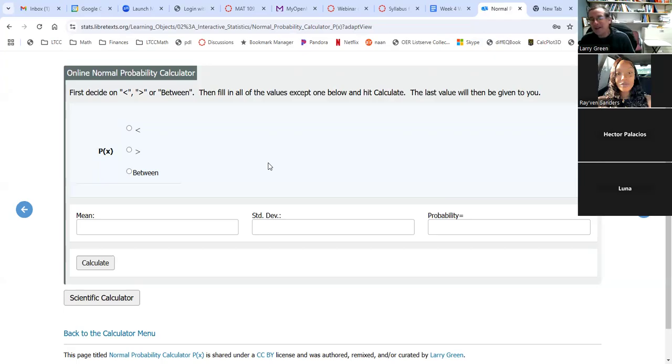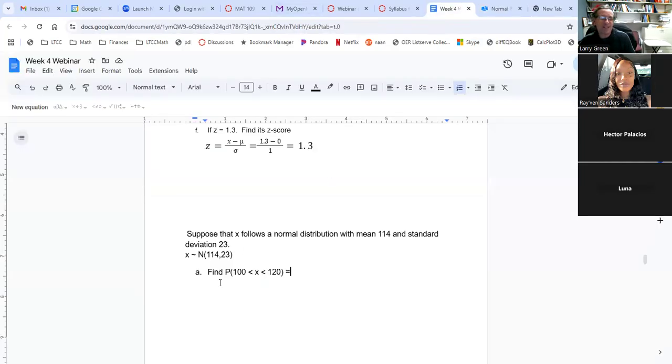I don't see you jumping in. Take a guess even. You've got a 1 in 3 chance of guessing right, even if you have no clue. But my guess is you have a clue, so you can look again. Here's the probability, here's our X. Do you want less than, greater than, or between?